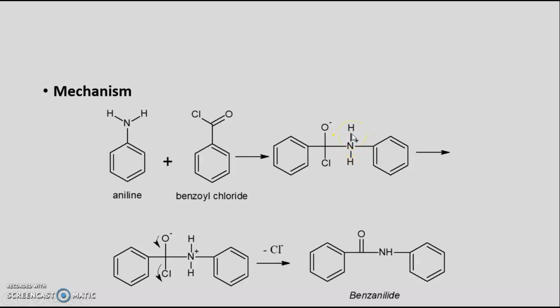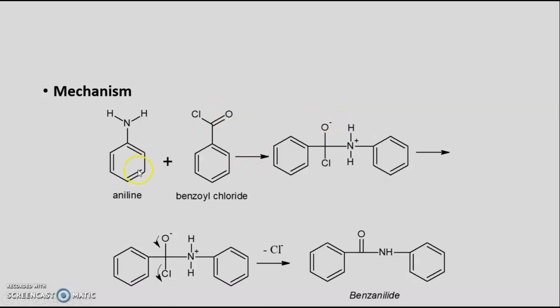Now in this case, due to the quaternary ammonium nitrogen that is formed, there is a formation of an oxygen which has an anionic character, or a negative charge. This is the first step.